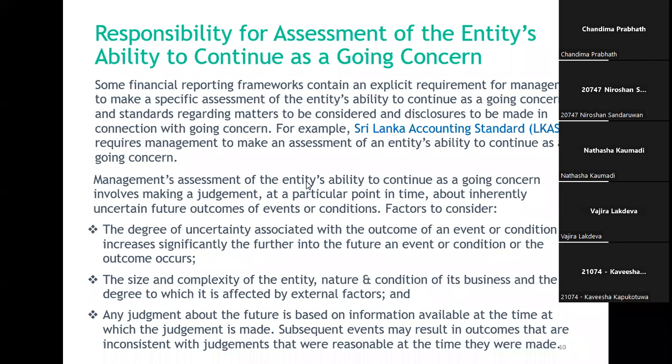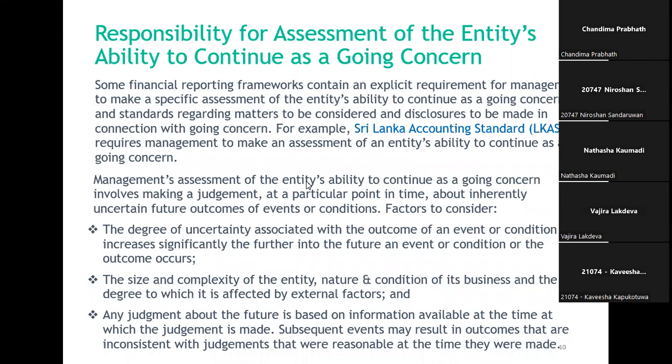For a profit-oriented entity, it may be a very straightforward assessment, but that is a requirement as per IAS 1. If you take John Keells Holdings or Hayleys PLC or Dialog, which are very profitable, or let's say Chevron Lubricants, which are very profitable, that is a very straightforward assessment.